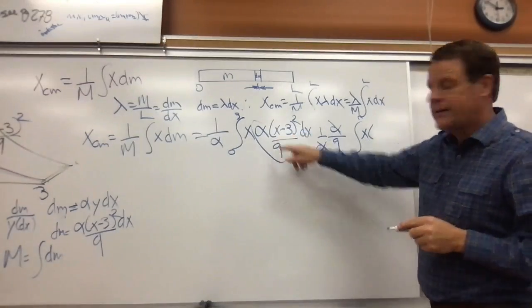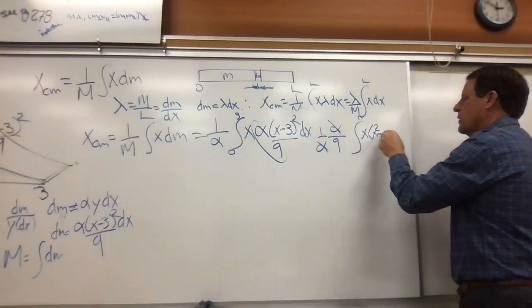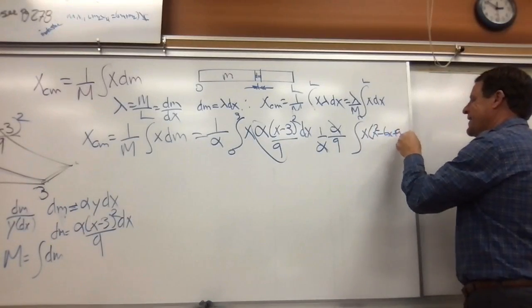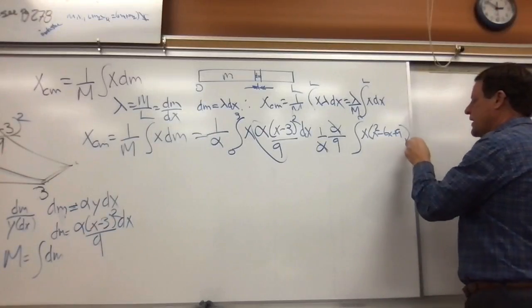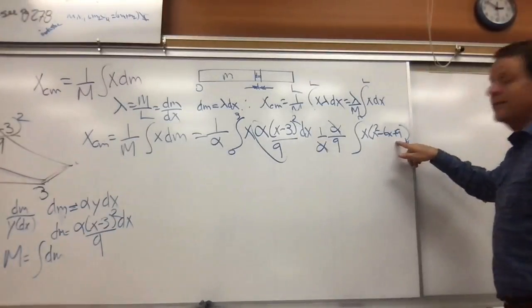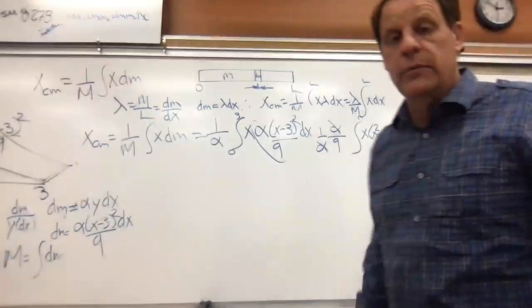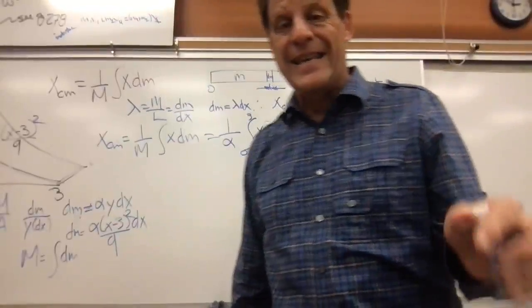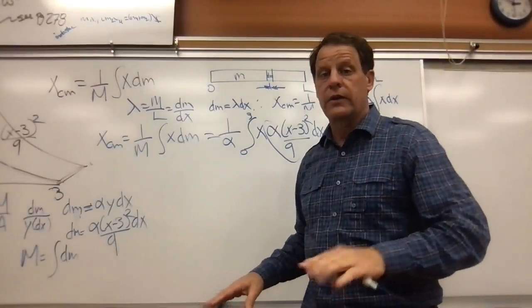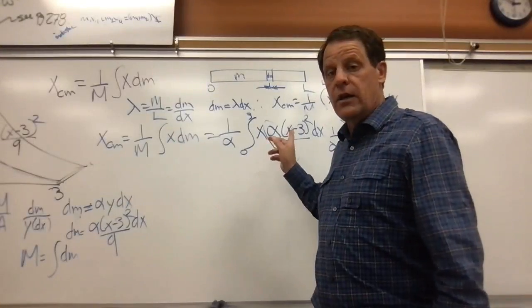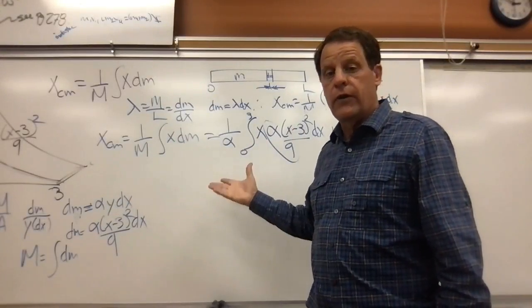If we expand this out again, that's going to be x squared minus 6x plus 9. And then we've got a dx in there, which lets us know that all those variables are in x, so they're all the same. Therefore, this is an integrable function.